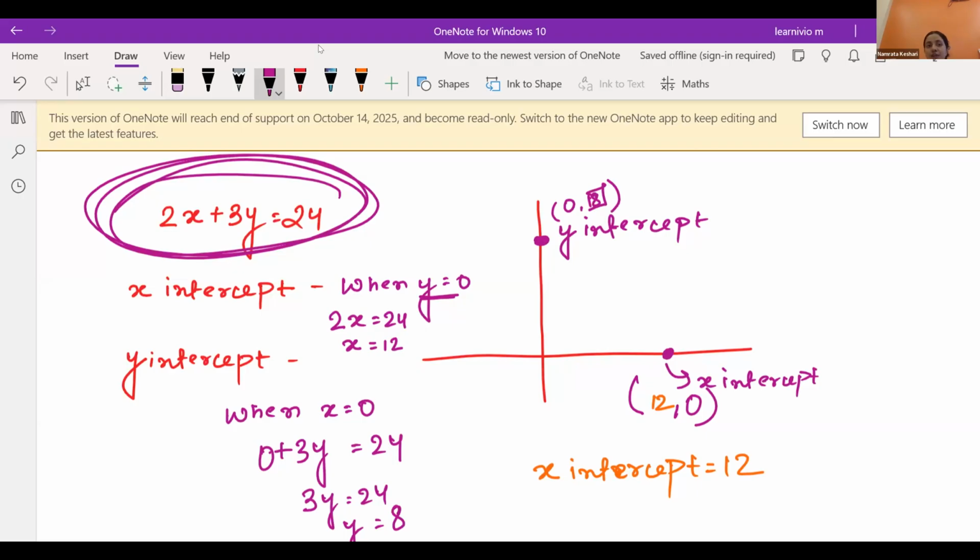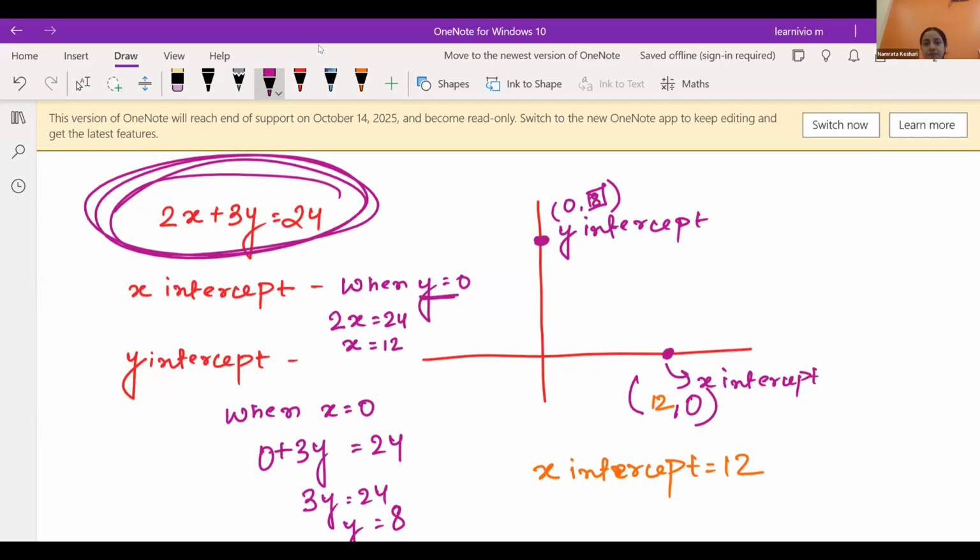This is a very, very important point, and that's called y-intercept. It can be written in two different ways. You can write y-intercept coordinate is 0 comma 8, or maybe you can write y-intercept is equal to 8. Whoever reads that y-intercept is equal to 8 will understand this is the y value where the graph is intersecting the y-axis.